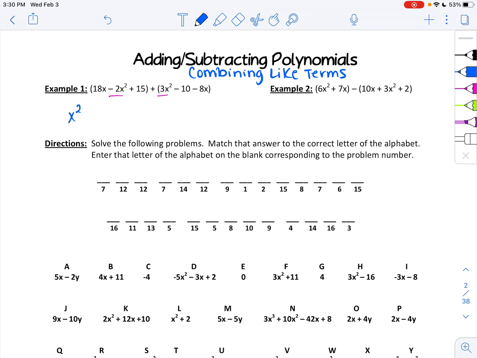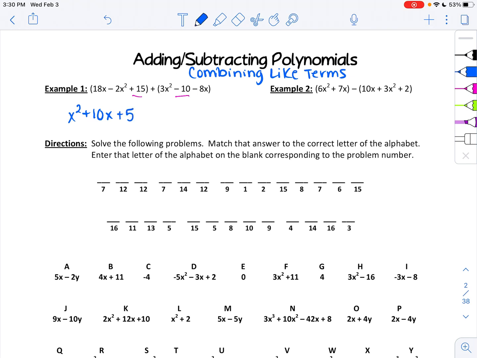Then I'm going to combine my terms with just x. So 18x minus 8x. So it's 18 minus 8, which is a positive 10x. And then finally, I'm going to combine my constants, 15 minus 10, which is positive 5.